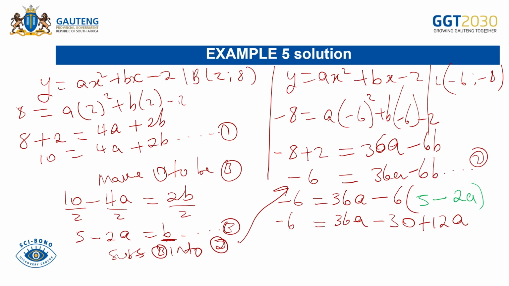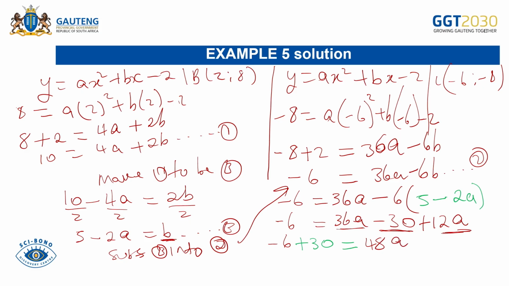So I can group my like terms. I take the negative 30 to the other side, so I'll have negative 6 plus 30 equals 36a plus 12a, because I'm grouping like terms. What is 36 plus 12? You get 48a.